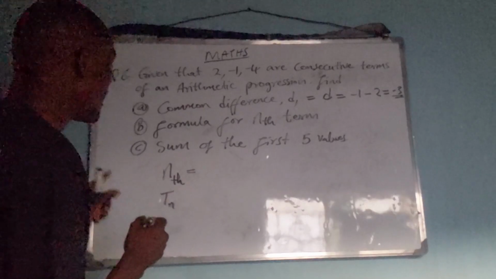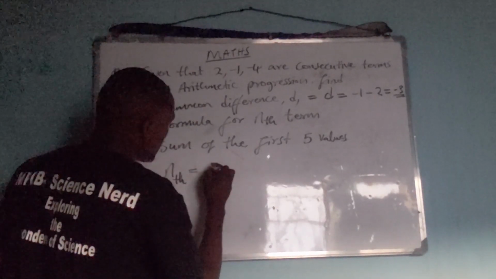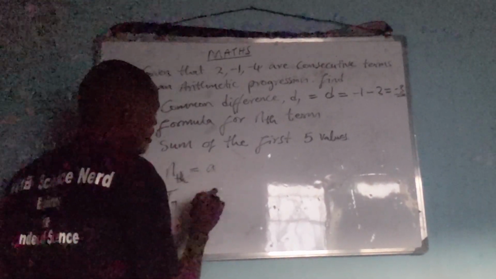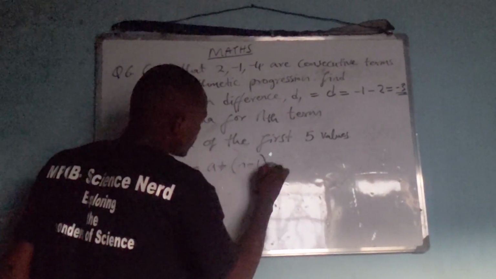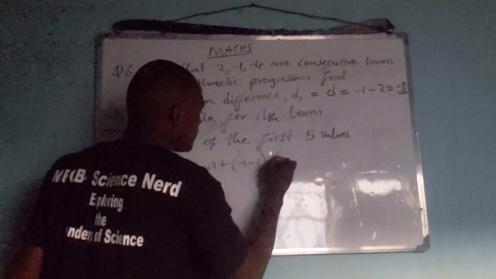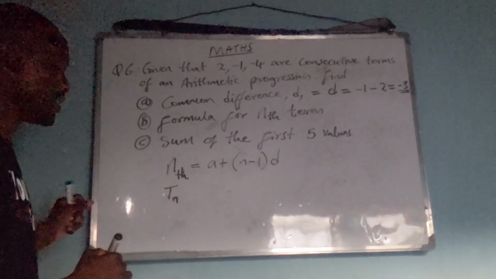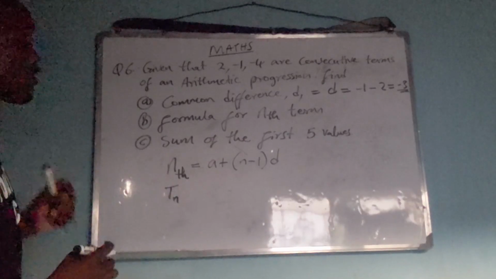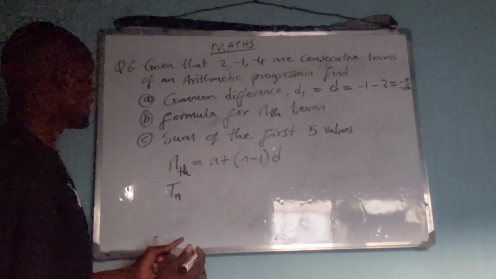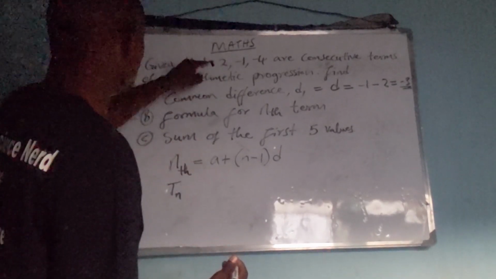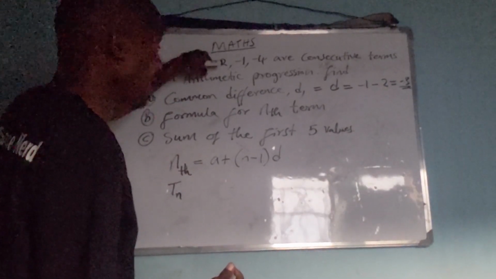So we know that the nth term is the first value plus n minus 1 in brackets multiplied by D. Therefore, we are going to say what is our first term from the sequence or the series that we have.